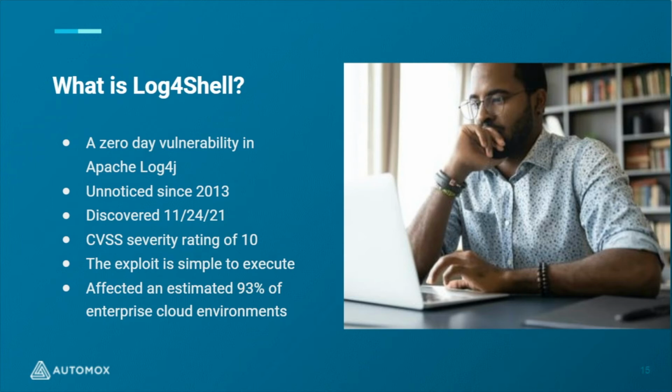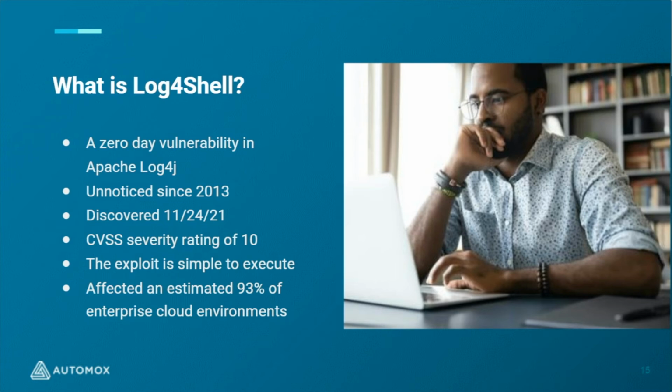So the ease of actually exploiting it and the number of devices that are affected all factor into that CVSS score of 10. And again, the Common Vulnerability Scoring System is an open industry standard for assessing the severity of computer system security vulnerabilities and is used by most organizations worldwide.